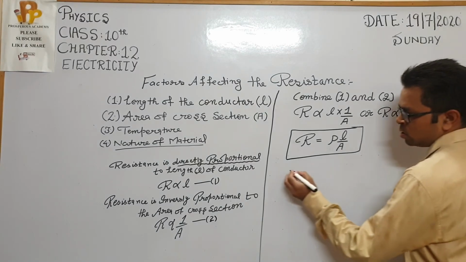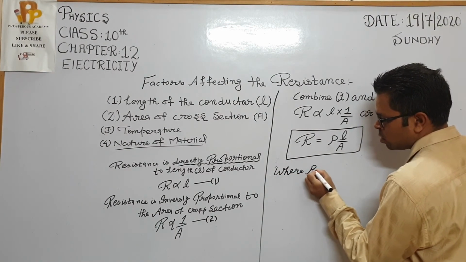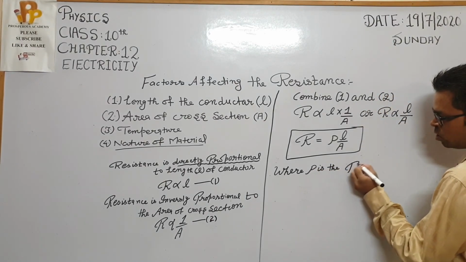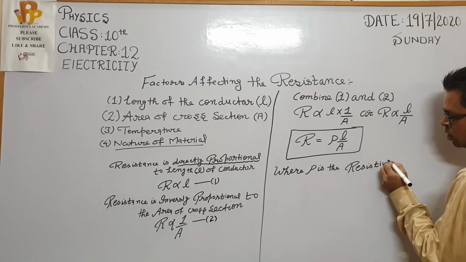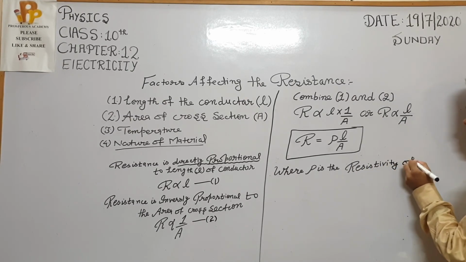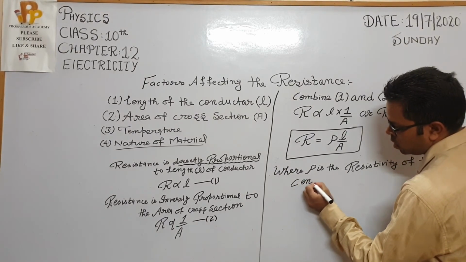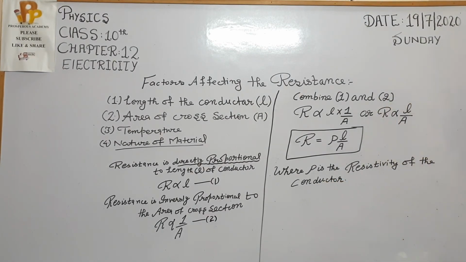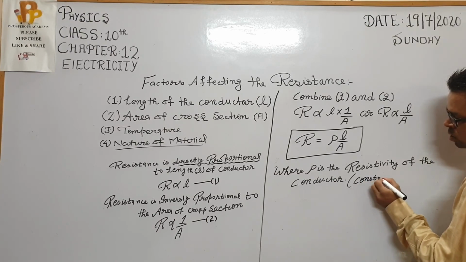Where rho is the resistivity of the conductor, or that is constant of proportionality.